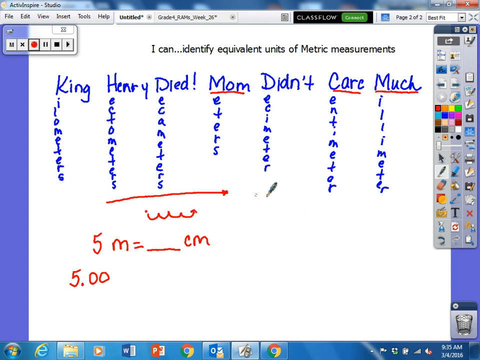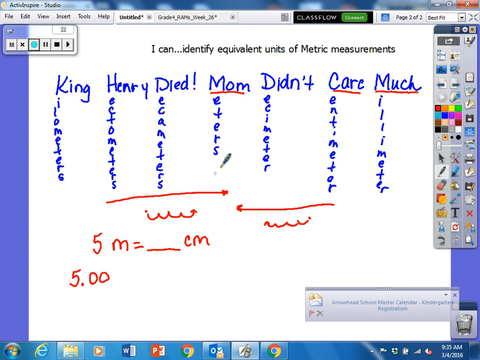If we go this way, from smallest to biggest, we're going to move the decimal point that way in our number. So if I have a 5 right here, I'm going to count the jumps to get where I need to be. I need centimeters, so I'm going to jump from Mom: 1, 2.